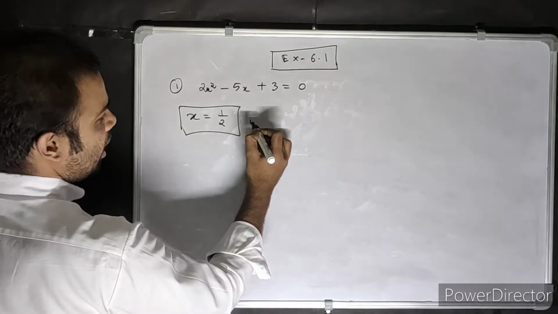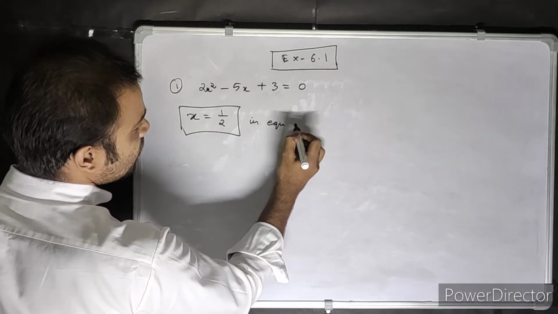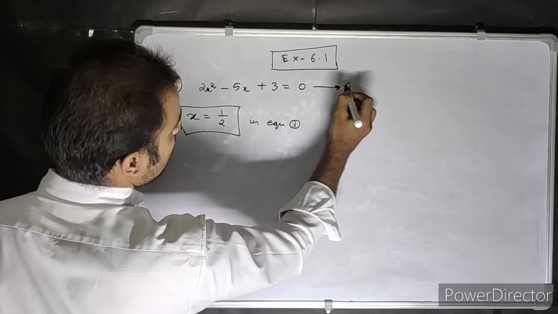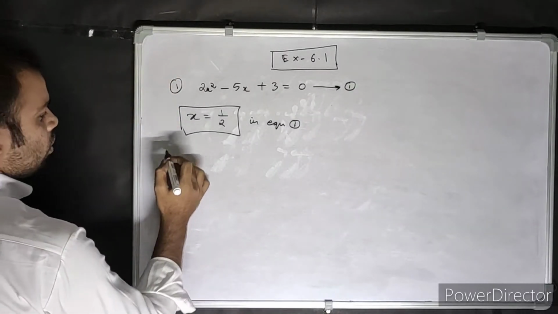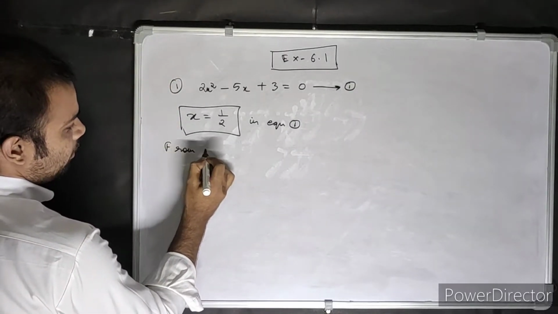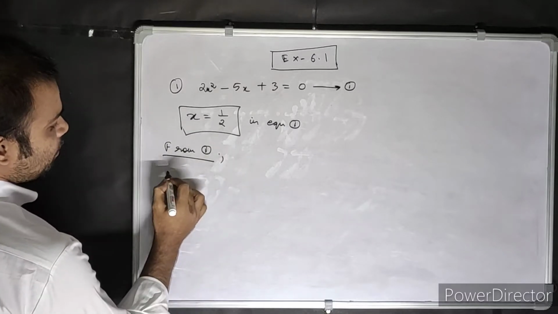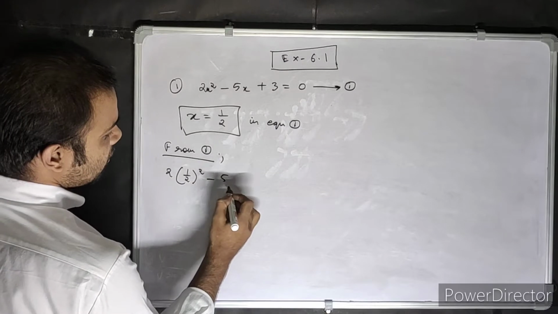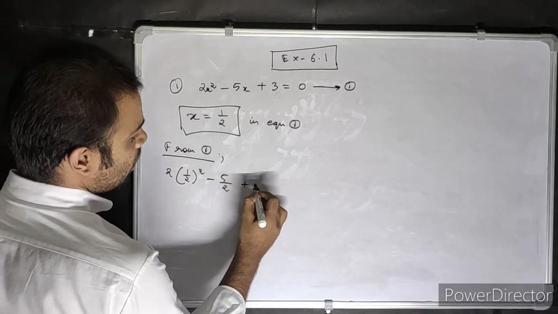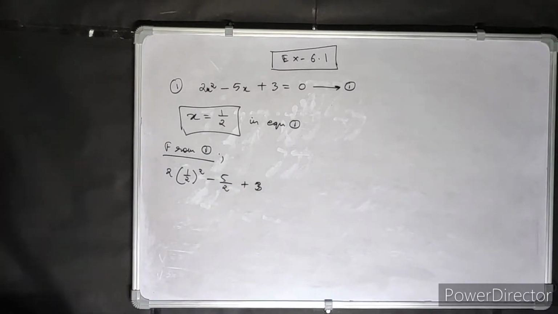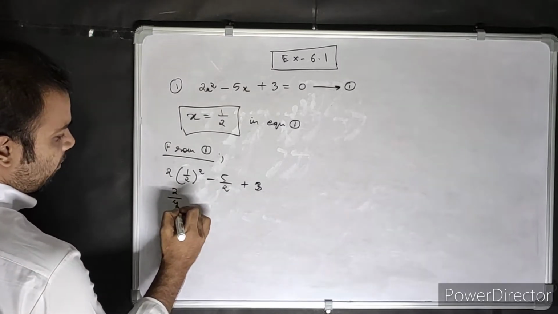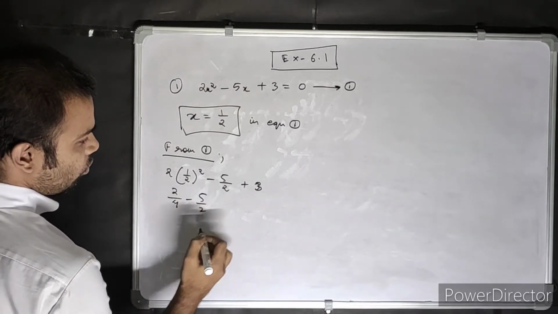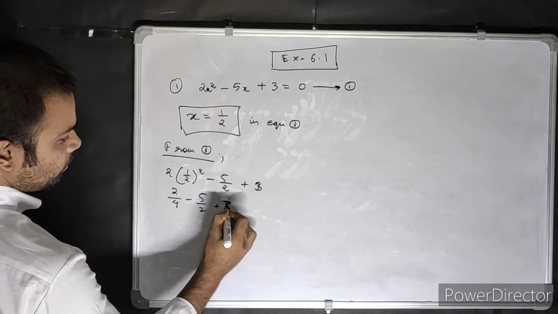So x equal to 1/2 in equation 1. Make this equation number 1. Let's put 2 times (1/2) squared minus 5 by 2 plus 3. So 2 by 4 minus 5 by 2 plus 3.